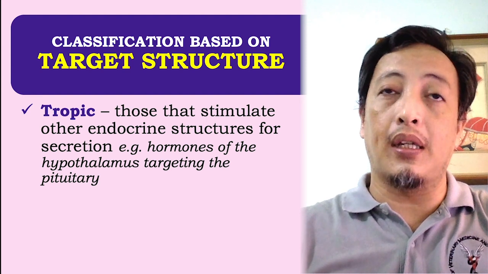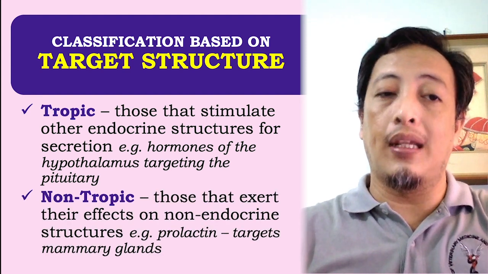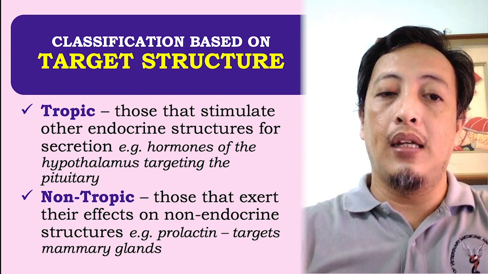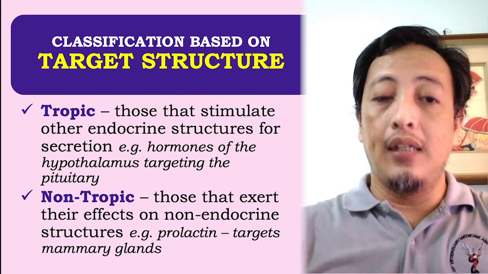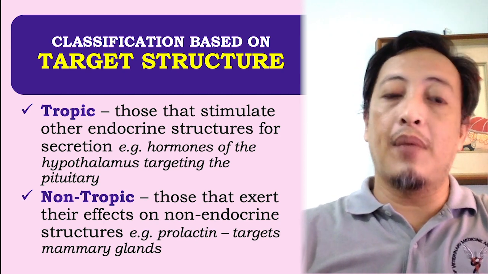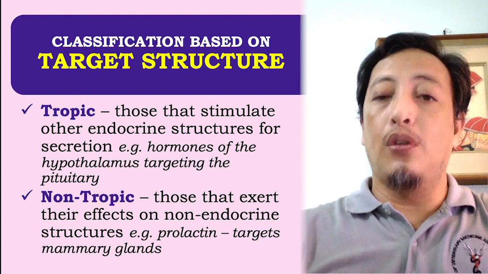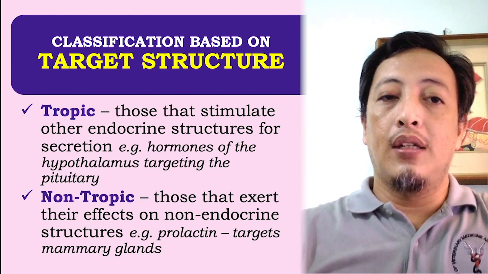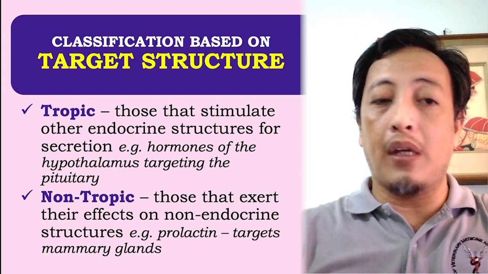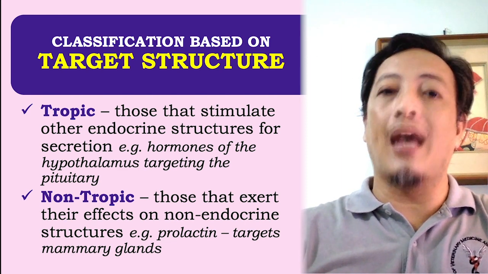So yun yung tropic, if the hormone targets other endocrine glands. Pag non-tropic, ang target cells niya ay hindi endocrine gland. Ang example would be prolactin. Yung prolactin, ang target niya is yung mammary gland. Okay? So, mammary gland is not an endocrine structure. So, ang endocrine structures are those that produce hormones. Okay? So, in terms of target structures, they are either tropic or non-tropic. Later on, magkakaroon tayo ng mas malalim na discussion on tropic and non-tropic when we discuss the HPA axis.